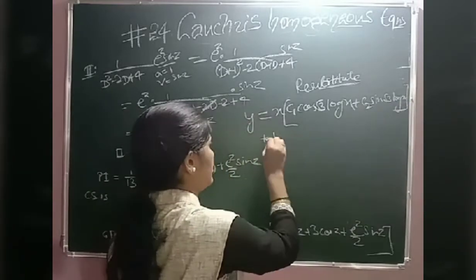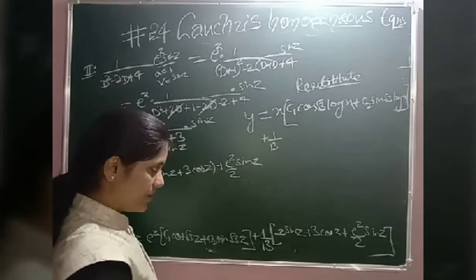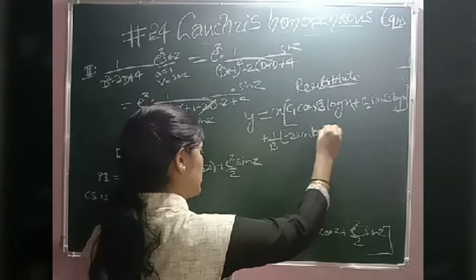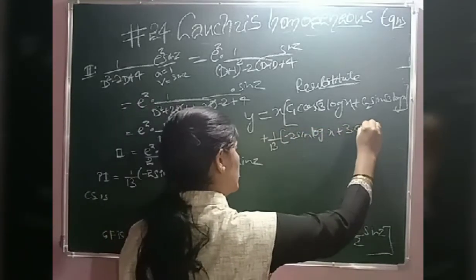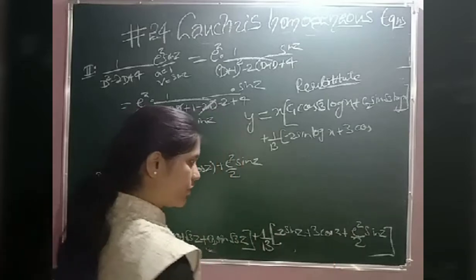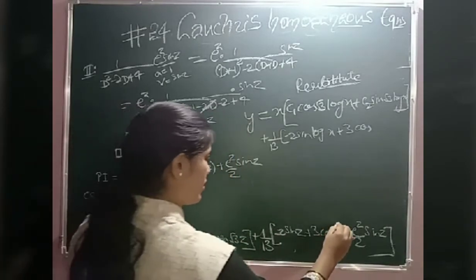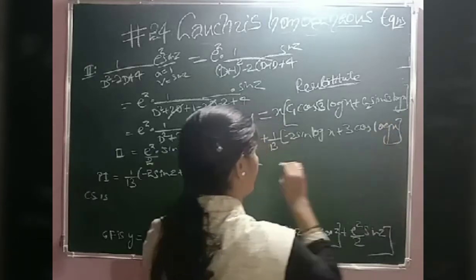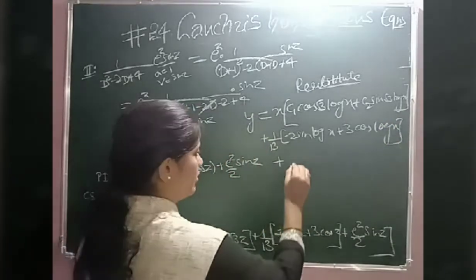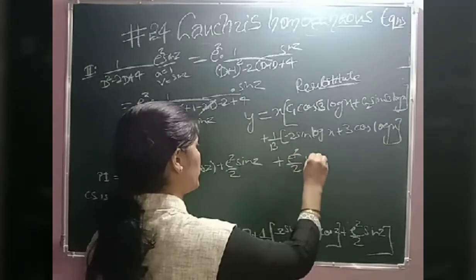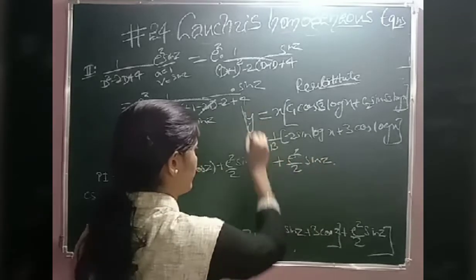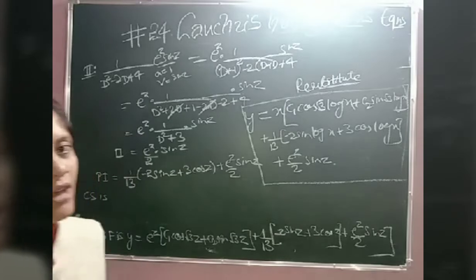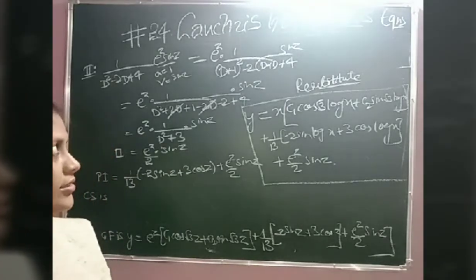Plus 1 by 13 as it is. Minus 2 sin z, z is log x. Plus 3 cos. Again what is this? Cos z is cos of log x, plus e raised to z by 2 sin z. So this is our complete solution.